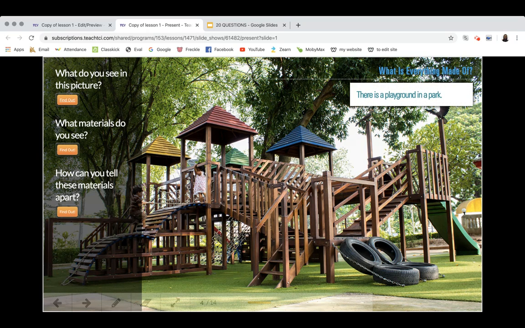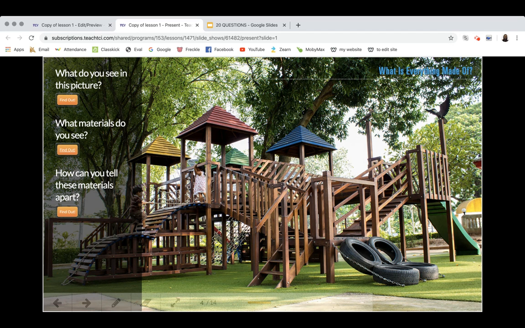And when we click here, it simply tells us there's a playground in a park. And you could even be a little more specific than that and talk about how you see a slide and tires and a little climbing structure over here, lots and lots of stairs. What materials do you see?